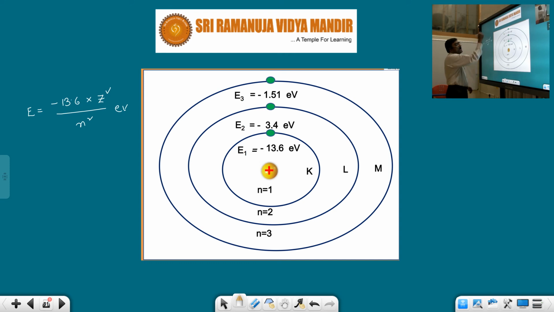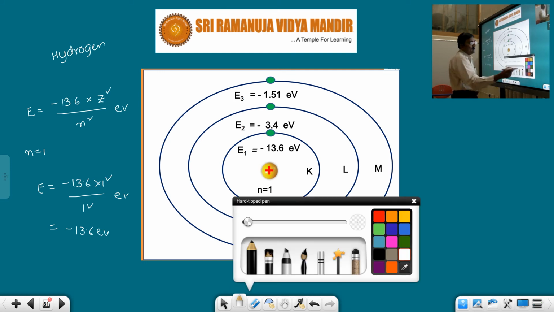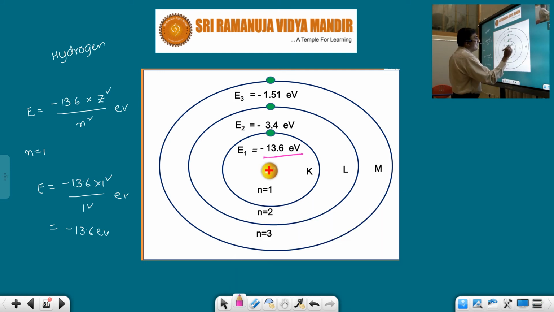Let us take the hydrogen atom. Now, n is equal to 1, first orbit, let us find out. E is equal to minus 13.6 into 1 square by 1 square electron volts, that is equal to minus 13.6 electron volts. So what is the energy of the first orbit? The energy of the first orbit is minus 13.6 electron volts.